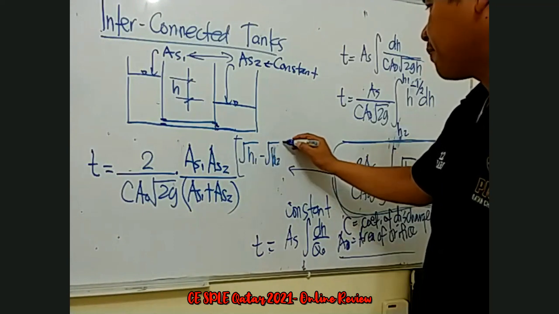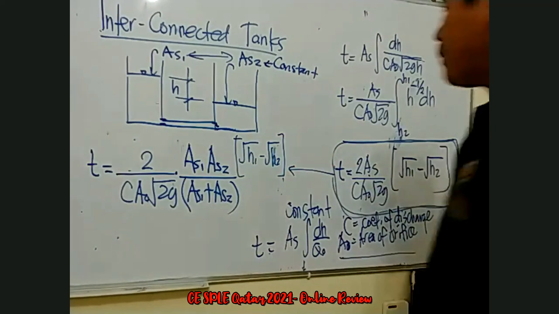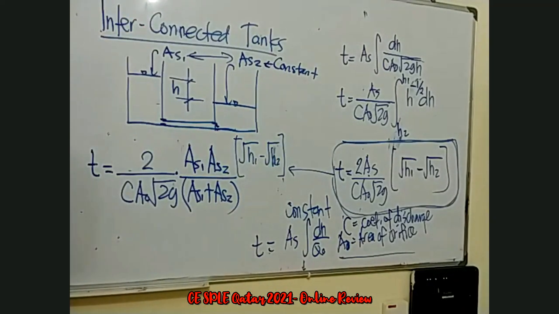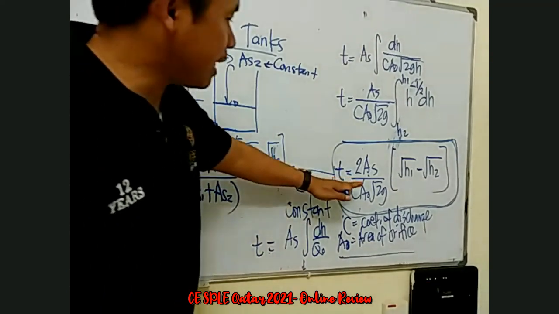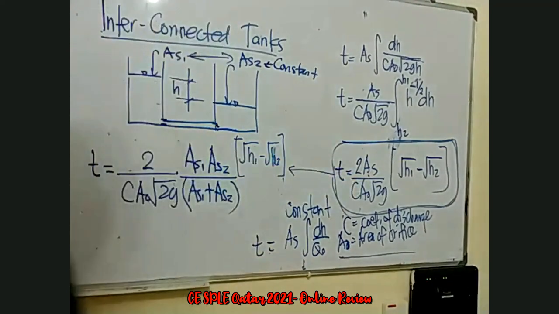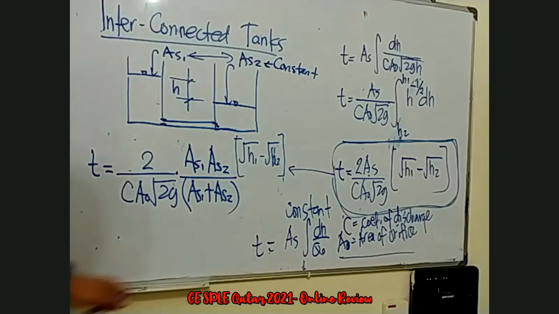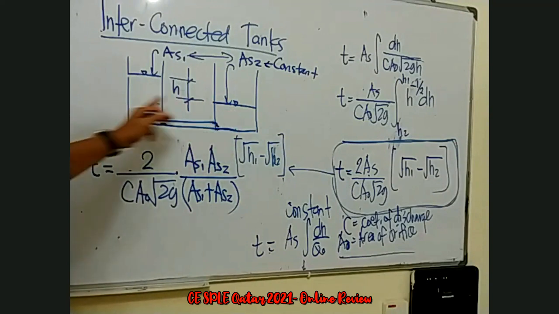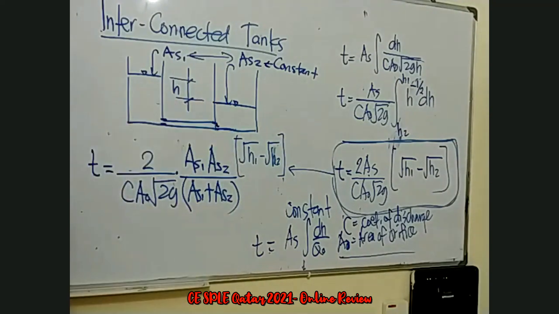So, ito lang siya. So, ano yung pagkakaiba sa formula? Pag interconnected tanks, right? Halos kapares lang sa isang tangke, falling head, right? Yung AS, papalitan mo lang ng product over sum of two surface areas. Maliwanag. Right?